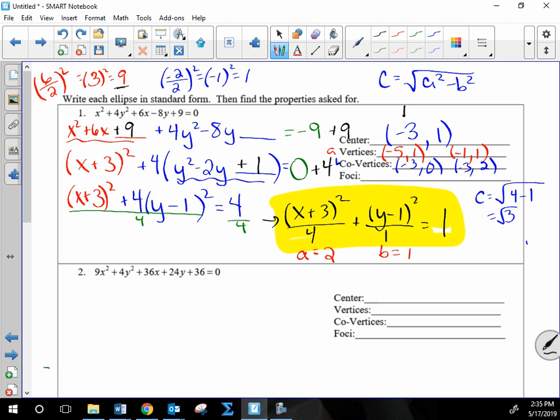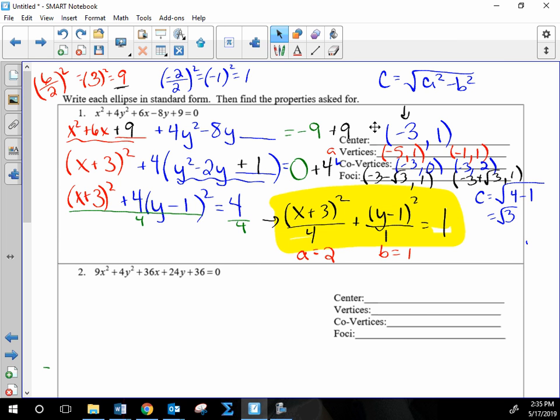It affects my x's. So I have -3 minus root 3, and then -3 plus root 3. Questions with that?